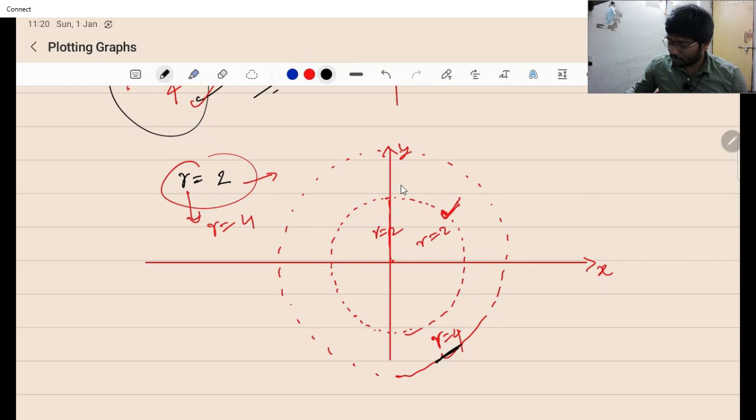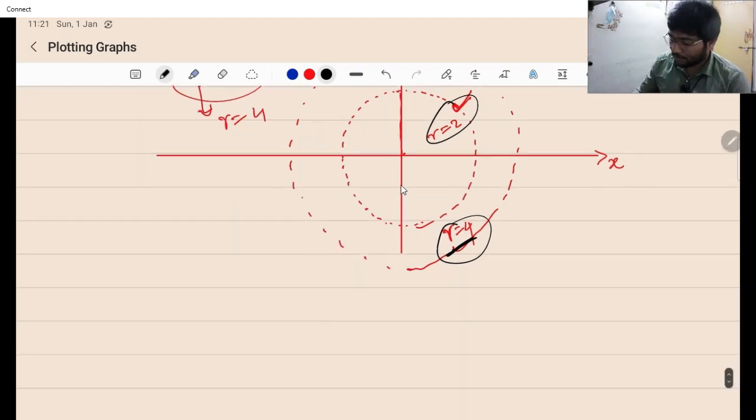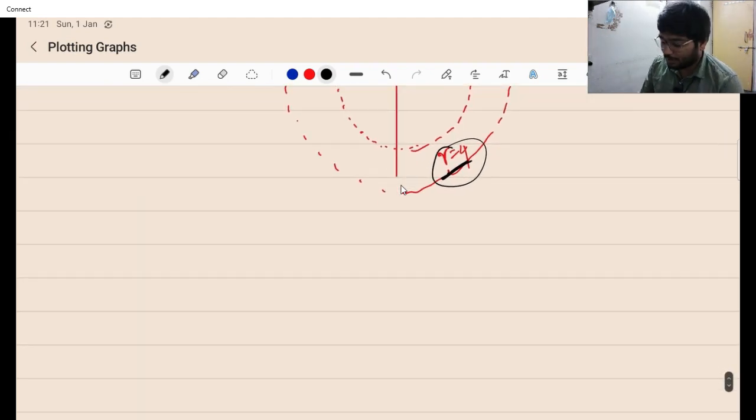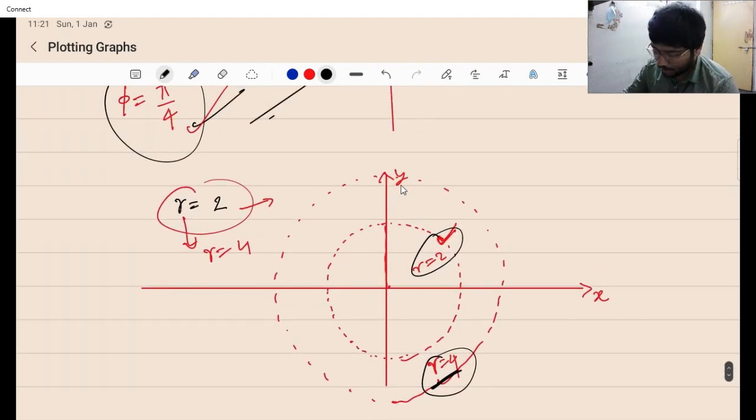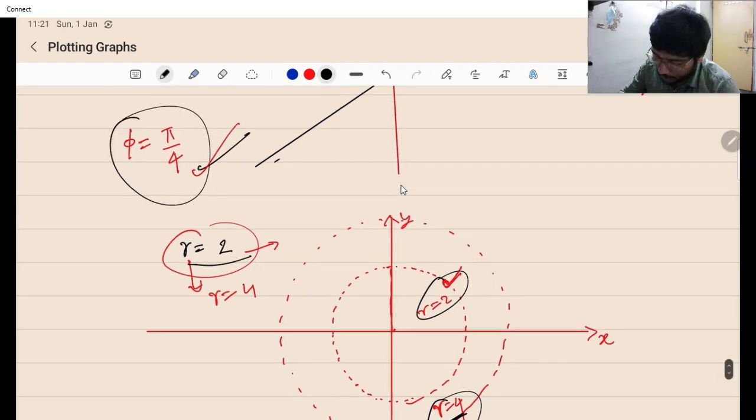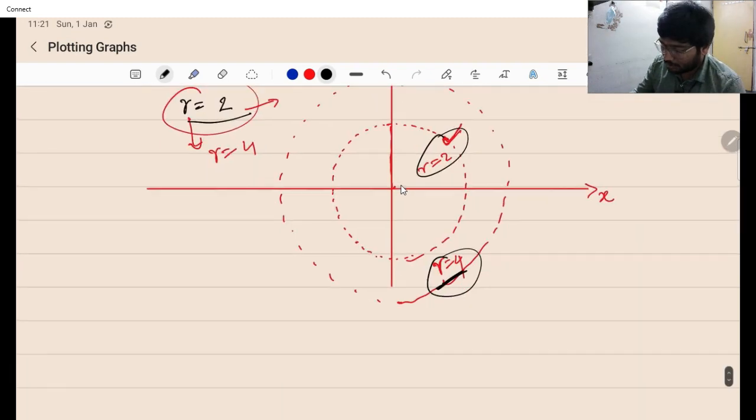So till now it is clear. But in the case of a spiral, neither the length of the radial vector is constant, nor is phi constant. Both are interdependent on each other.